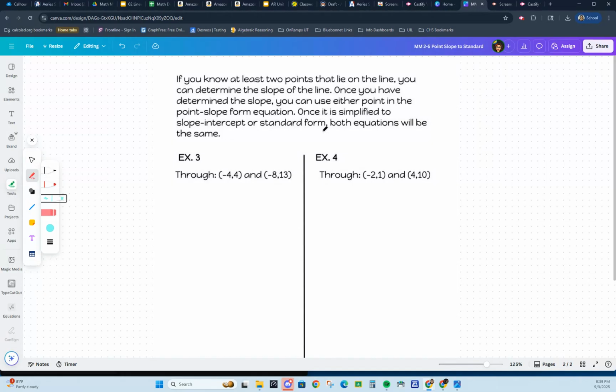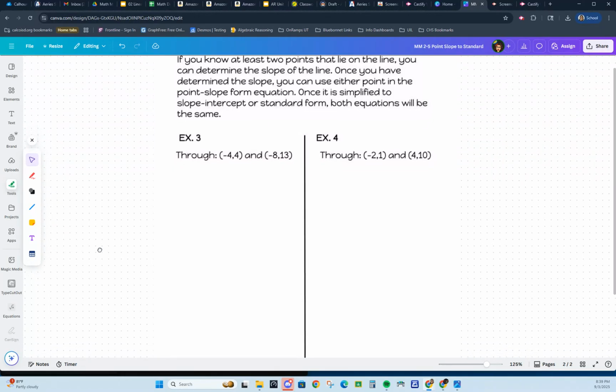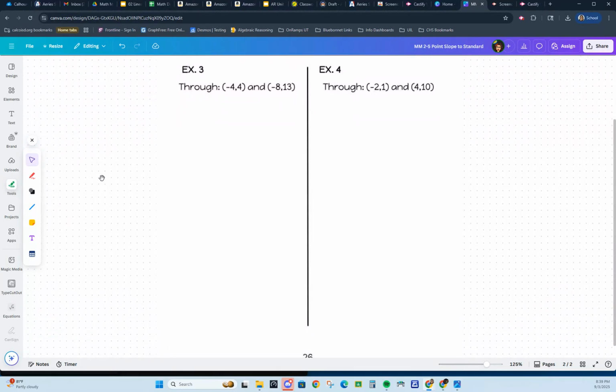Now, if we have at least 2 points that lie on the line, we can find the slope of the line, and then use that to write our equation. And it doesn't matter which of the points we use to write the equation, as long as we use one of them.